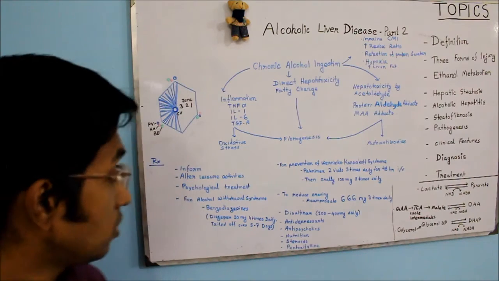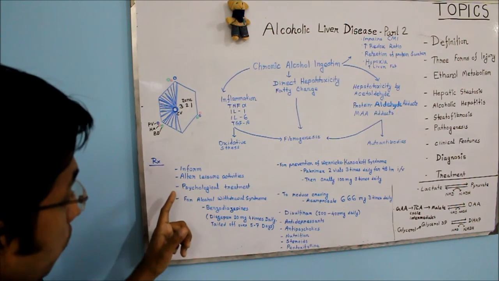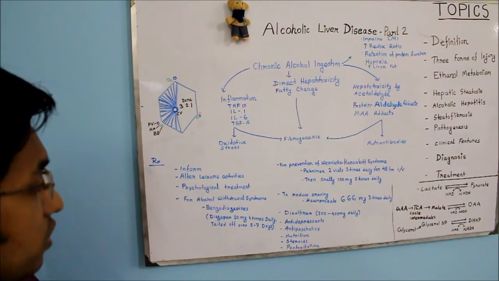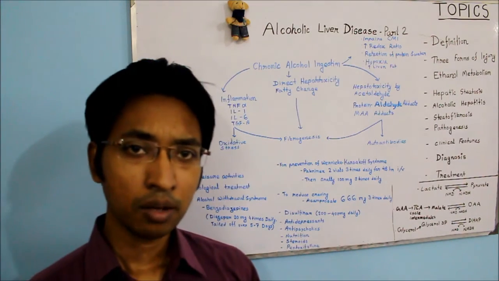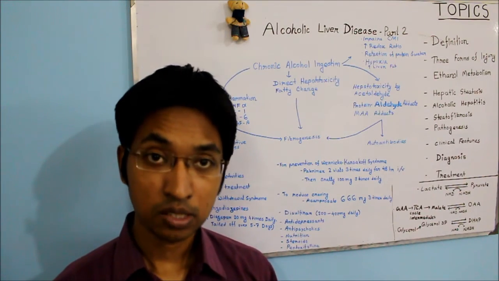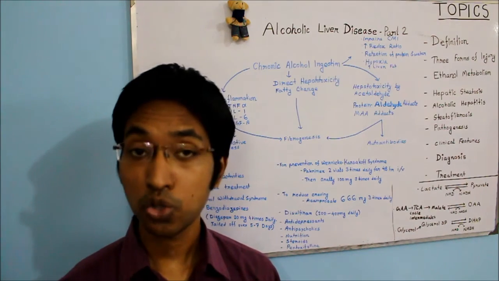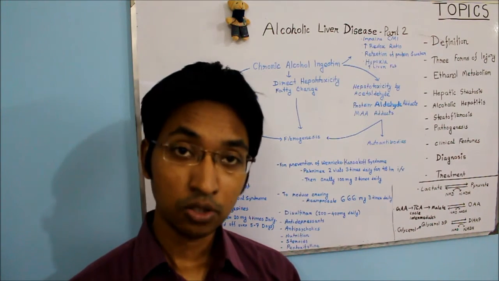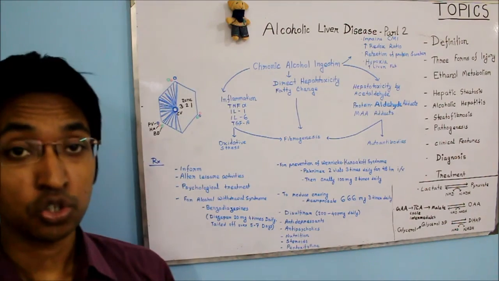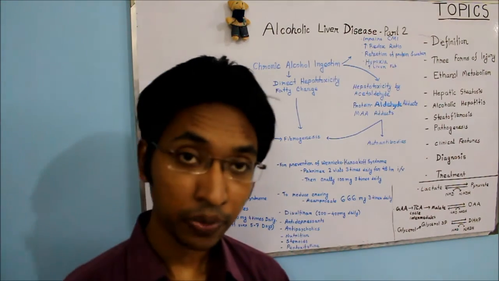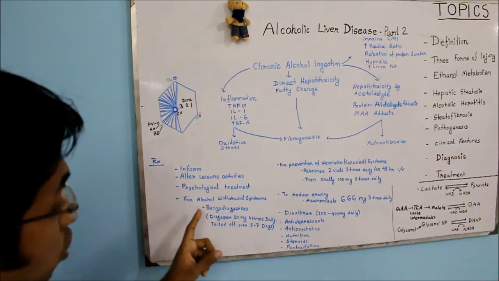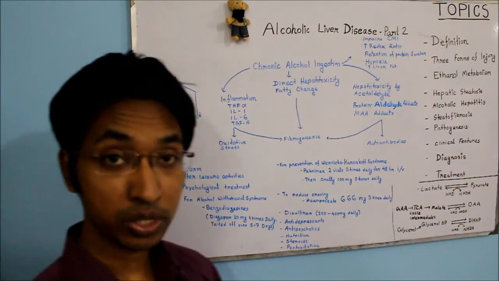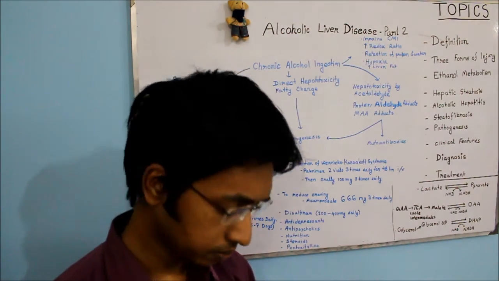So the second point is alteration in the leisure activities of the patient. Often patients consume excessive alcohol due to some psychological causes, and those should also be dealt with, and that's why we have written the third thing, that is psychological treatment, and counseling should also be provided.